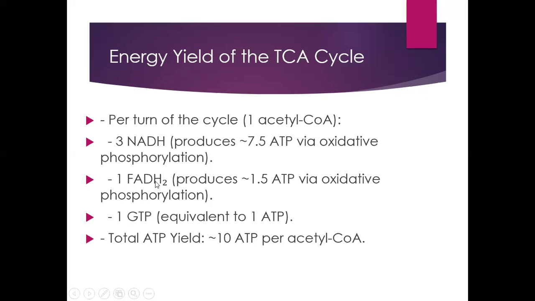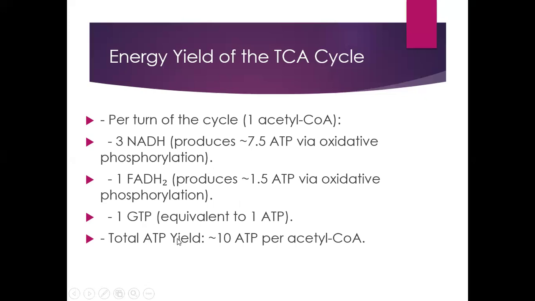One molecule of FADH2 is produced in the TCA cycle, and when it undergoes oxidative phosphorylation, it will produce 1.5 molecules of ATP. 1 GTP produced is equivalent to 1 molecule of ATP.